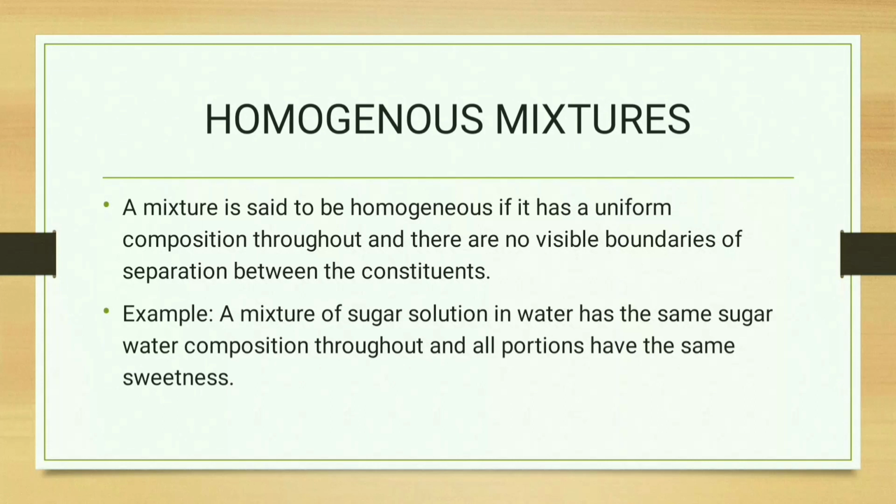Like if a milkman combines milk and water, he takes the same proportion of milk and water, then he combines it, and there are no visible boundaries of separation between the constituents. Then after that, when we get that milk, can we separate the water and the milk? No. That is known as a homogeneous mixture.